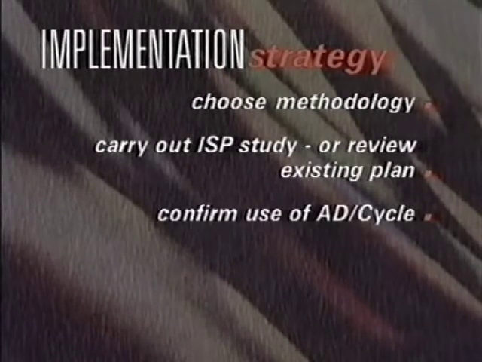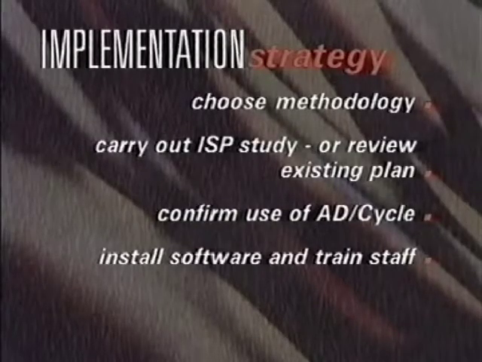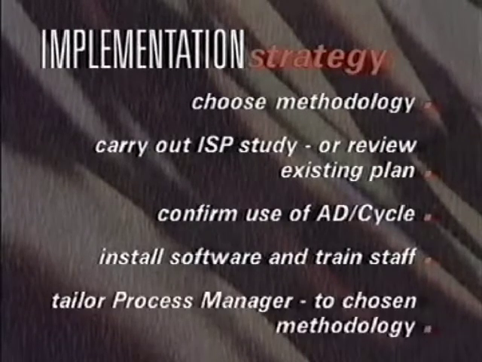At this stage, you should be in a position to confirm or decide against use of AD Cycle. Before launching into use of AD Cycle on projects, especially in these early days with such a dearth of tools, it is worth doing some preparation work. Of course, the mainstream of this is to install the AD Cycle framework components and individual CASE tools, and to train staff in both methodology and tools.